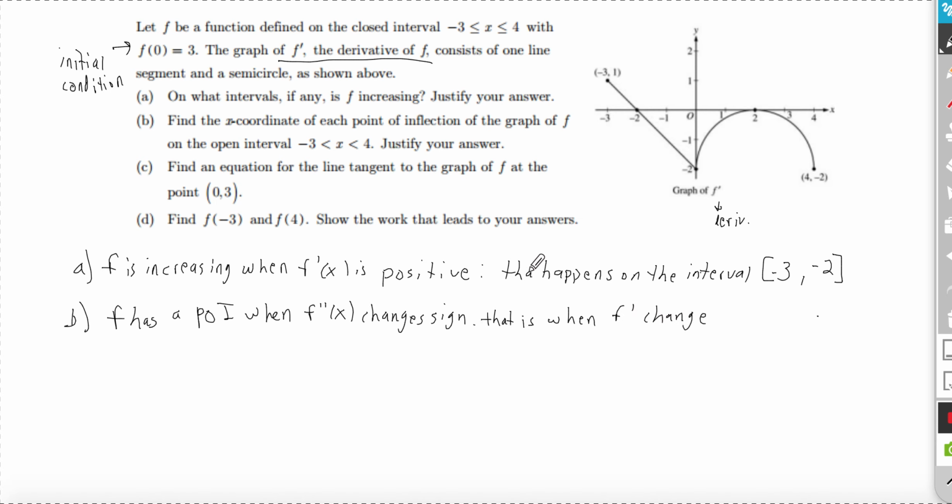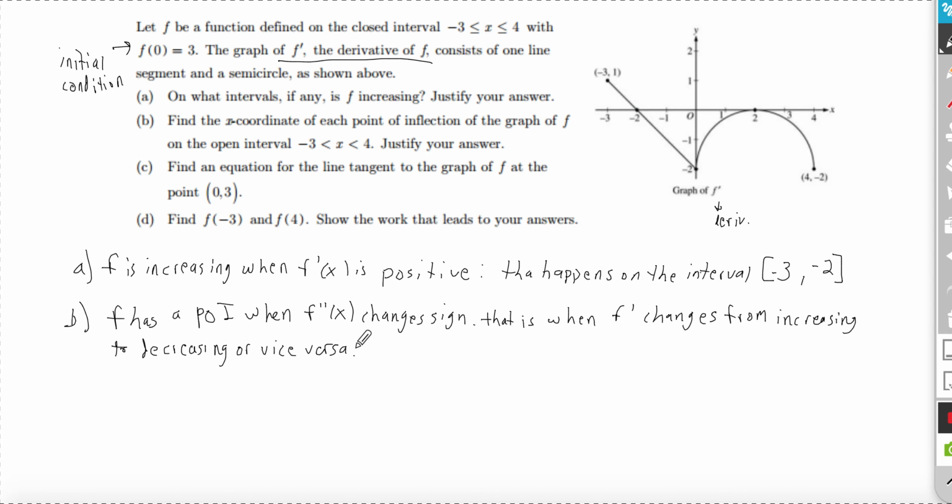Remember, if f double prime is negative, that means f prime is decreasing. If f double prime is positive, that means f prime is increasing. So we can say that is when f prime changes from increasing to decreasing, or vice versa. So where does our f prime change from increasing to decreasing, or vice versa?